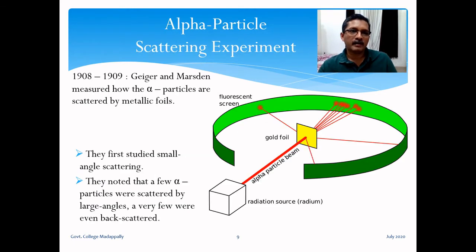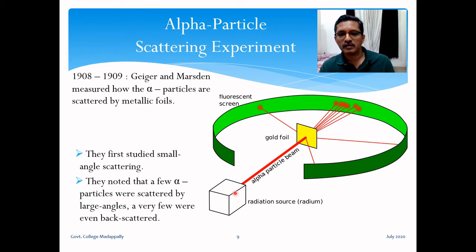During the period 1908 and 1909, Geiger and Marsden measured how alpha particles are scattered by metallic foils, different metallic foils. Here we can see an experimental arrangement of their technique. There is a radiation source of alpha particles. They used either radium or radon.